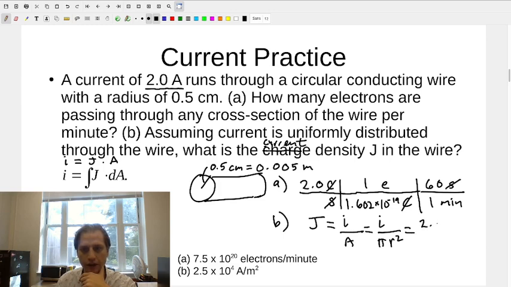So this would be 2 amps divided by pi times 0.005 meters squared. Okay, so that's where I'm getting this number, 2.5 times 10 to the 4th amps per meter squared.